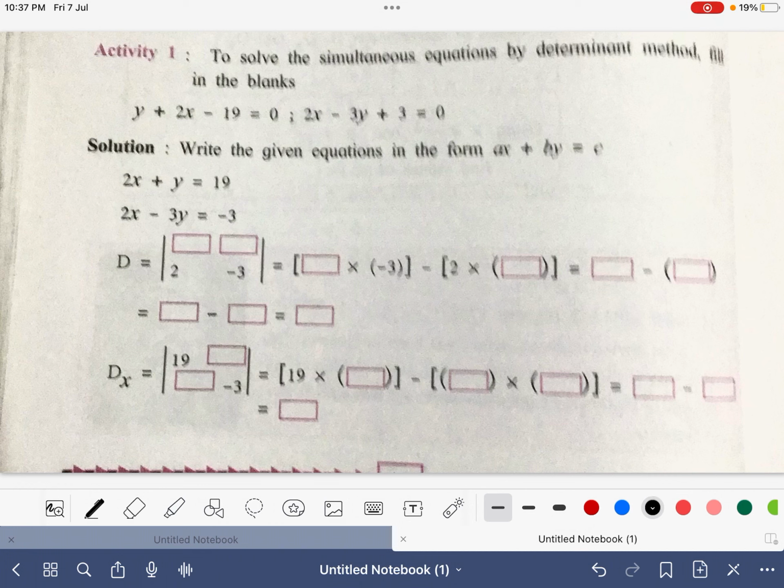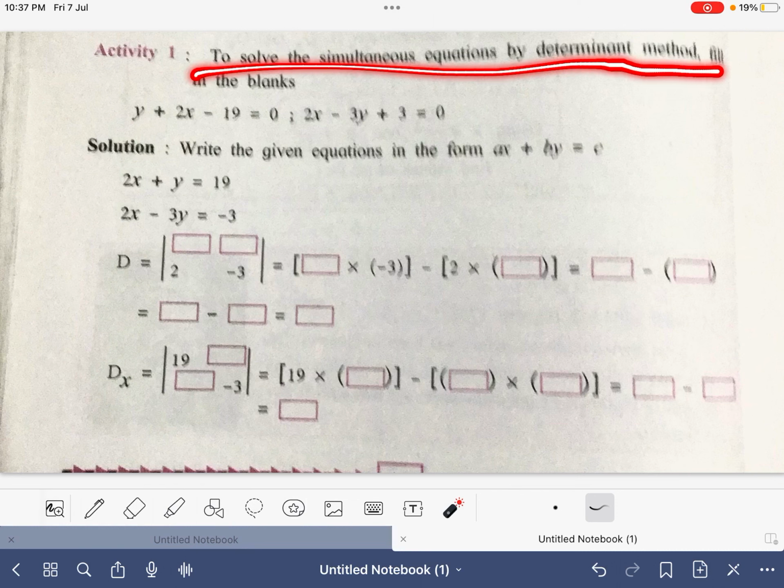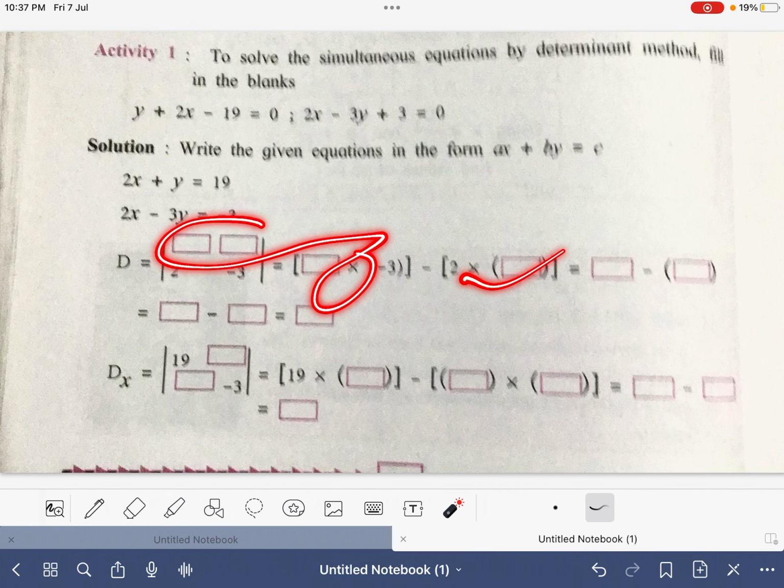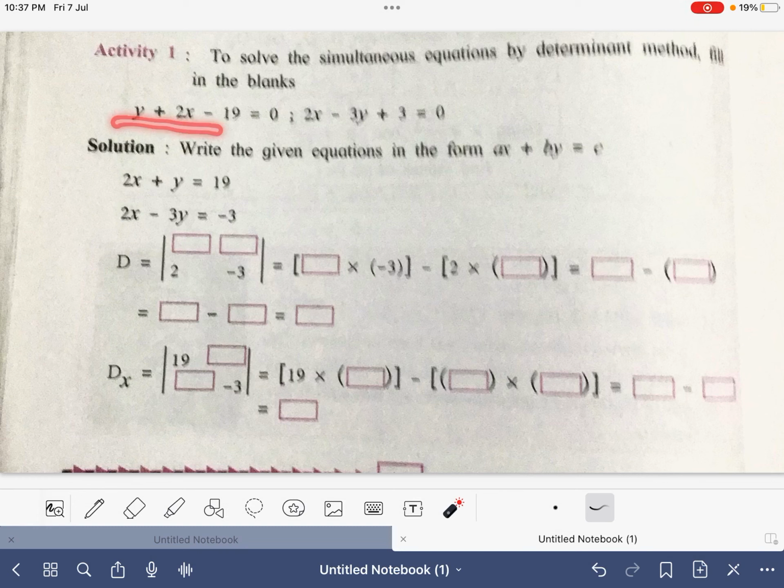To solve the simultaneous equations by the determinant method and fill in the blanks, whatever empty spaces are there, we have to put the values in them. Clear? Chalo. First write down, the first equation is y plus 2x minus 19 is equal to 0 and 2x minus 3y plus 3 is equal to 0.